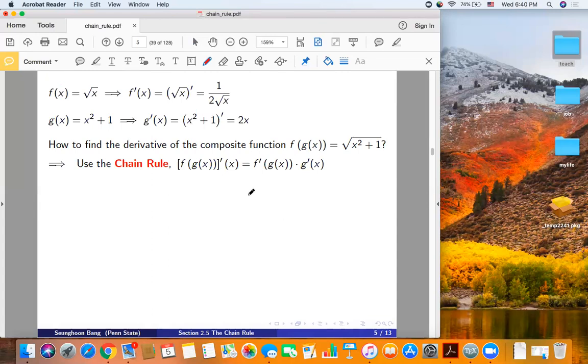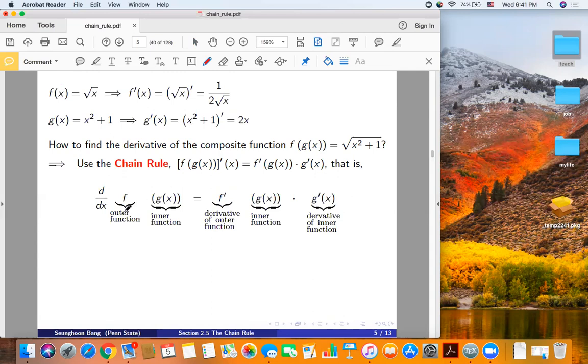You need to memorize it like this: the outer function of the inner function, prime, is the outer function prime times the inner function prime. This is the idea of the chain rule.